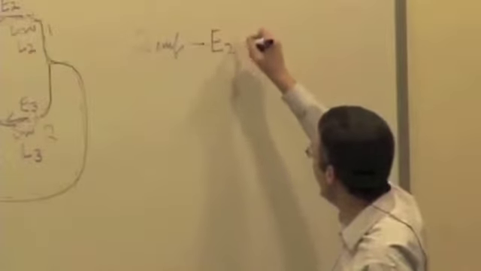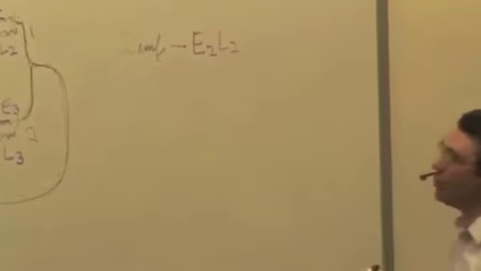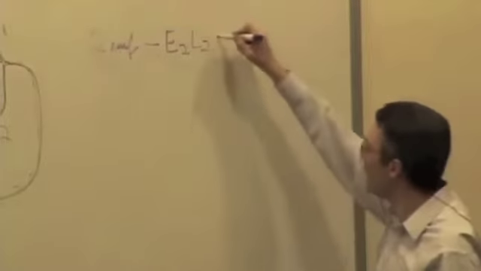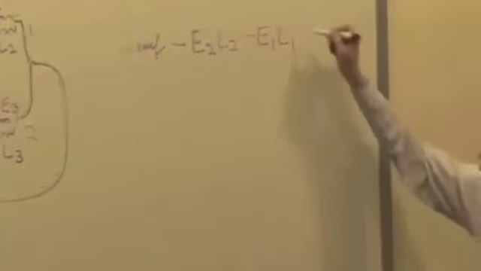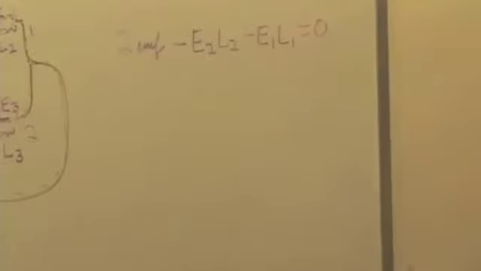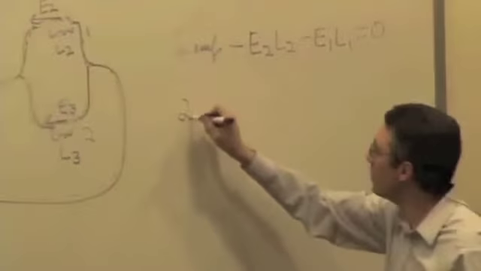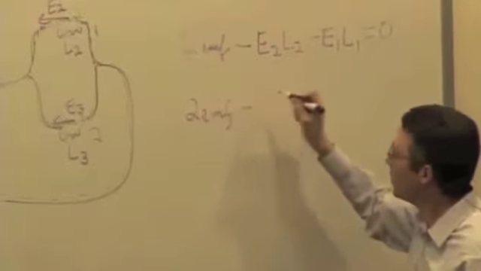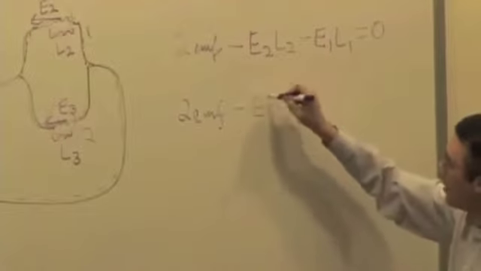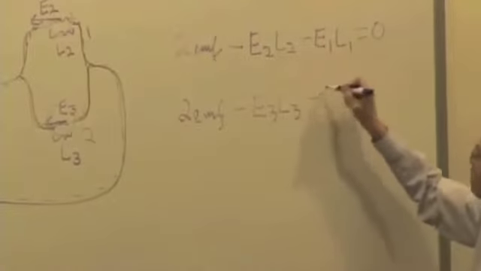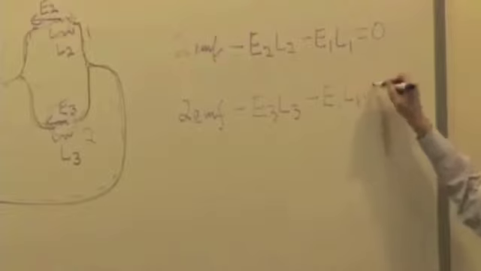So minus E2L2, and then what? Minus E1L1, and then equal to 0. Okay. What's loop number 2 going to look like? 2 EMF minus E3L3 minus E1L1 equals 0.